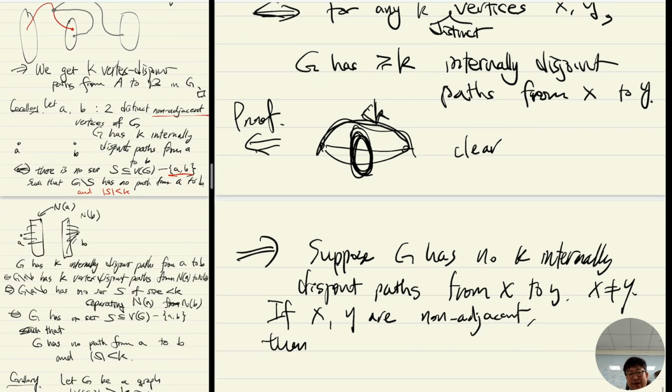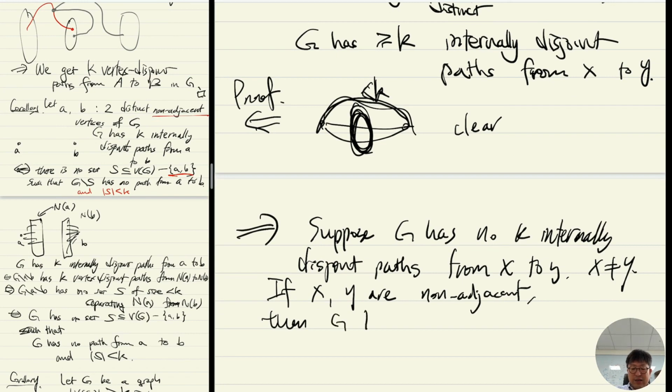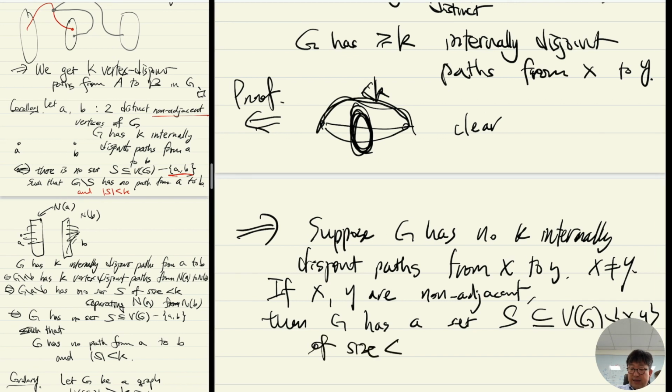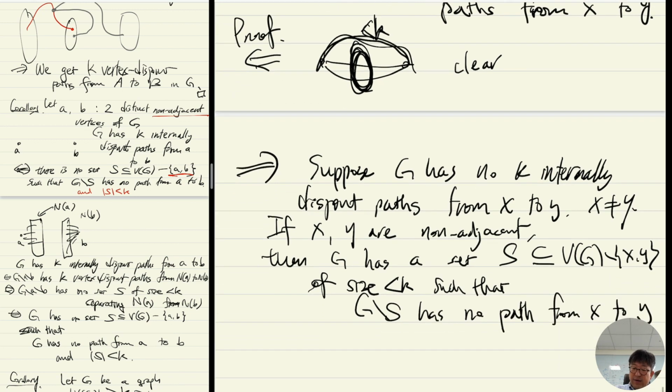Because of the previous corollary, if they are non-adjacent, then G has a set S, a subset of the vertex set minus X and Y, of size less than K such that G delete S has no path from X to Y. Contradiction to the assumption that G is K connected.